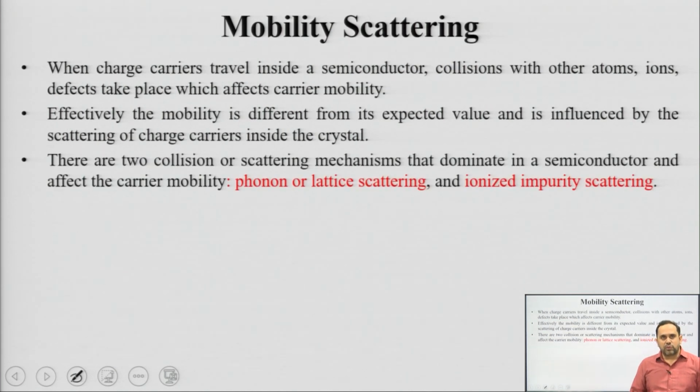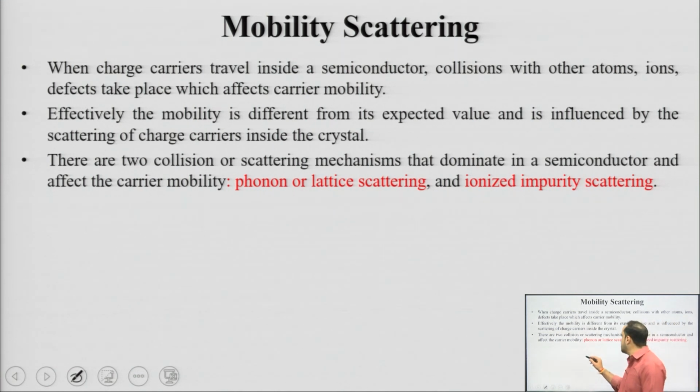Now, the movement of charge carriers, whether electrons or holes, is not that straightforward. Even if you have applied an external electric field, these charge carriers undergo certain collisions. This affects the pace with which they move inside the crystal, which means that the mobility is affected by these collisions. Effectively, the mobility is different from the expected value and is influenced by the scattering of charge carriers.